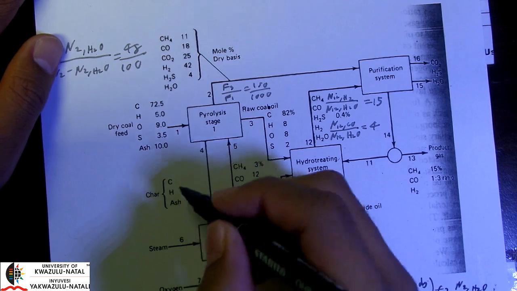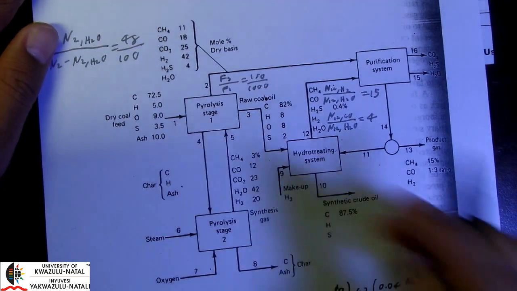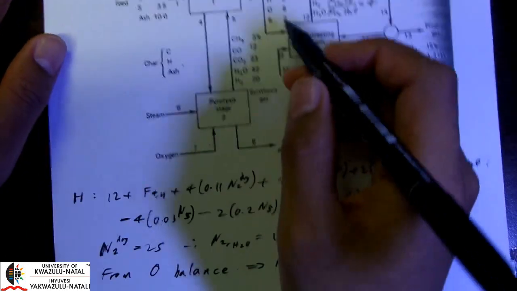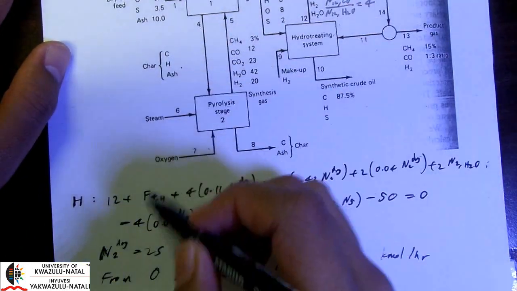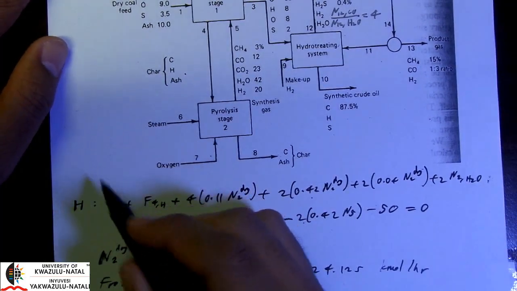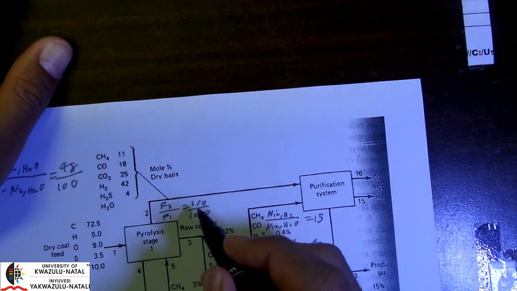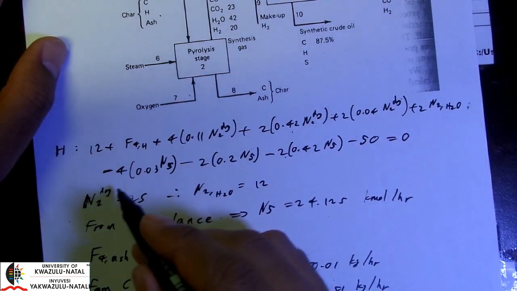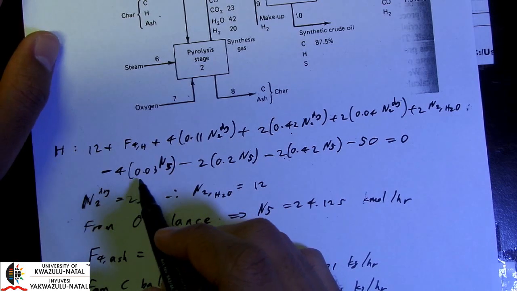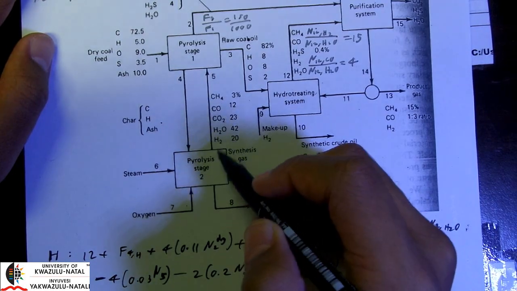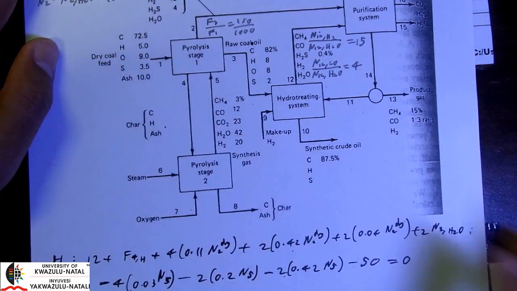We also have elemental hydrogen coming out. And of course, 8% of F3. Remember, F3 is 150 due to this ratio here. And our inputs, we have an input of stream 5, our CH4, H2O and H2, and we have elemental hydrogen in the coal.